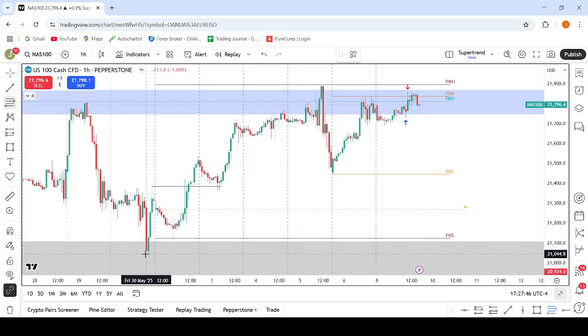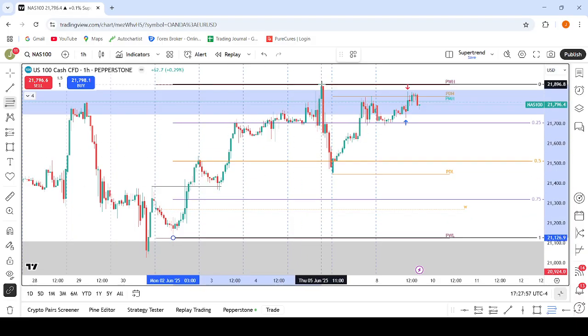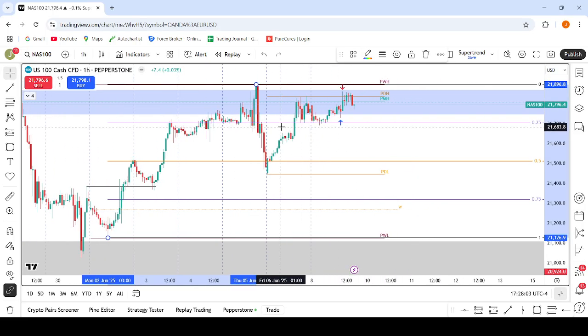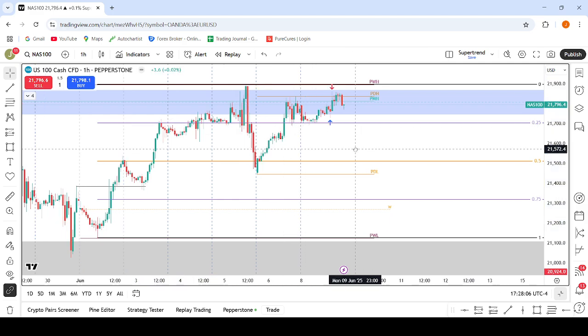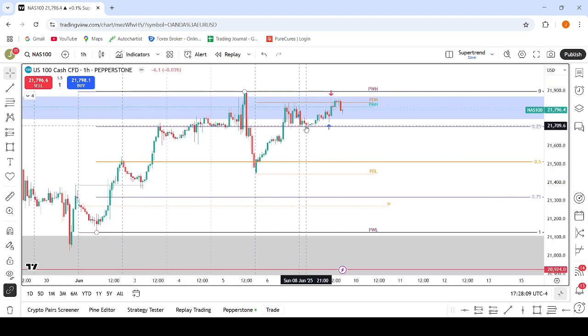This low didn't take out any highs. You see, this is the low there, but this low took out that high. So this is the price range. If I go all the way up, you notice how we are on this 25% mark of that price range, and we've bounced off it.